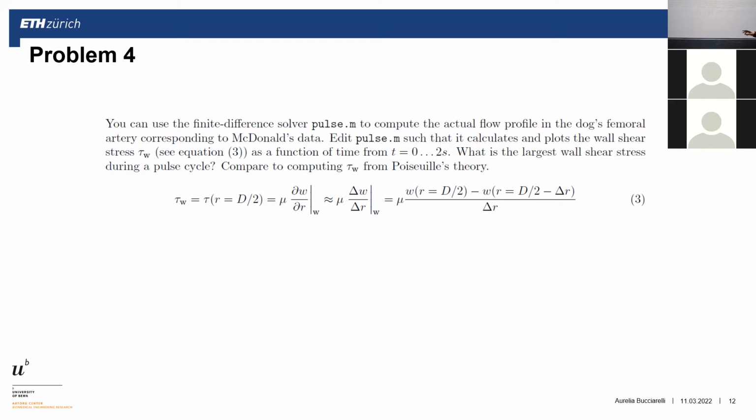So this omega here, which is the velocity, you can compare with the Poiseuille flow. So use this equation and the Poiseuille flow equation where you insert the omega of the Poiseuille flow, compare them, plot them together and see what difference you find and so on.